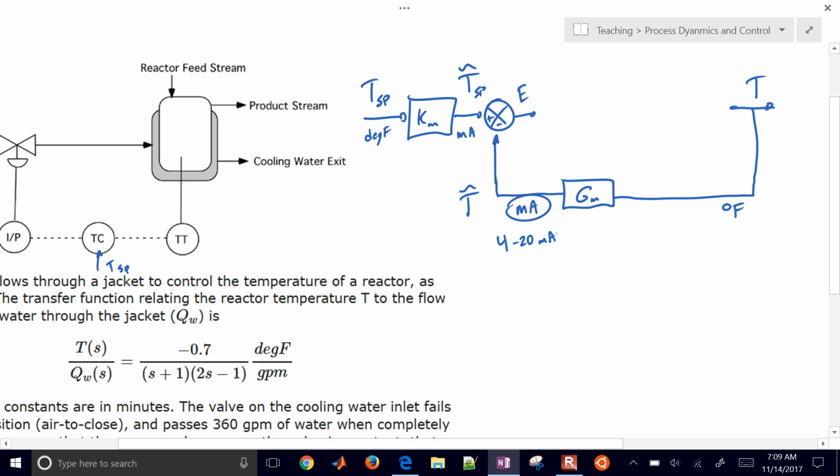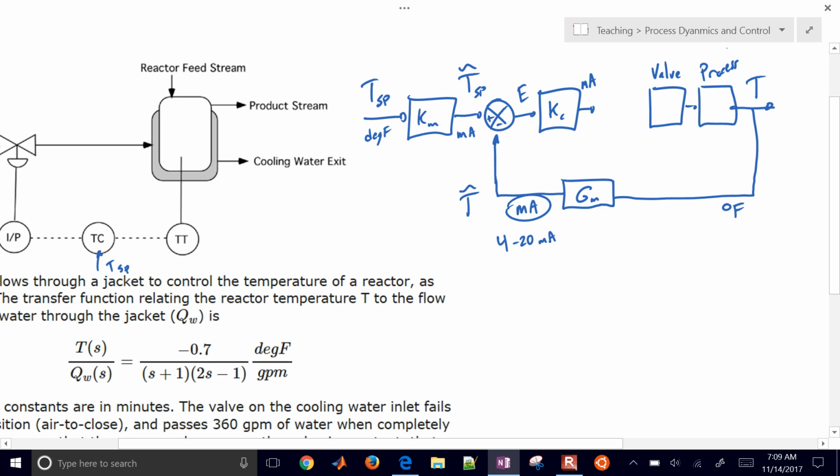And then that gets compared, and then I have an error. That error is going to be multiplied by a gain, Kc, and that's going to be in milliamps as well. Now I need to send that to a valve. Okay, this is going to be my valve, and then here is my process.